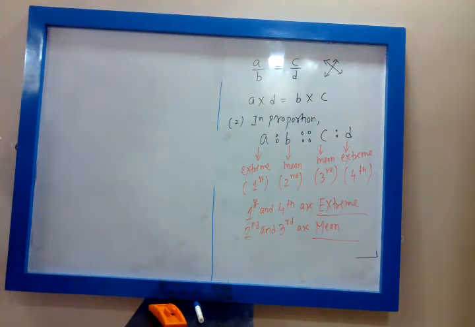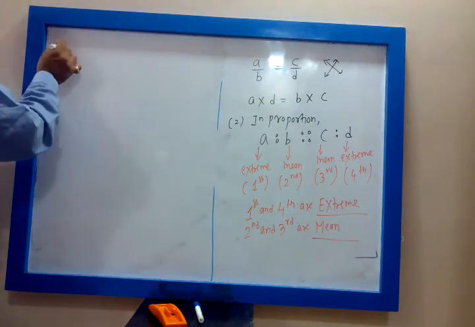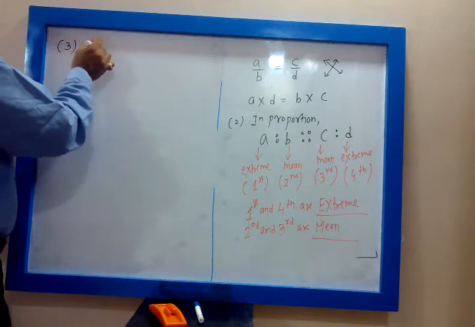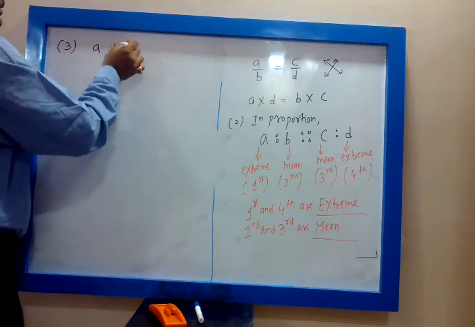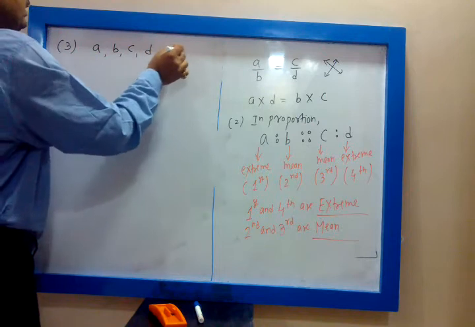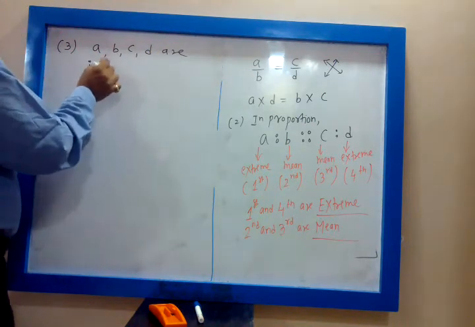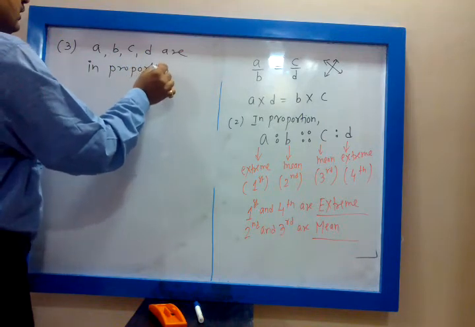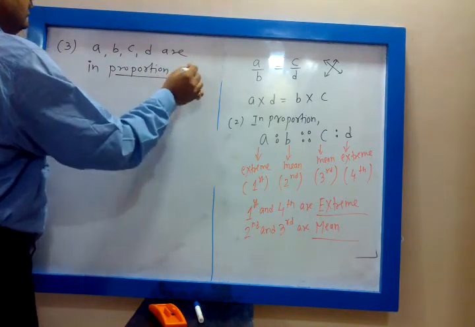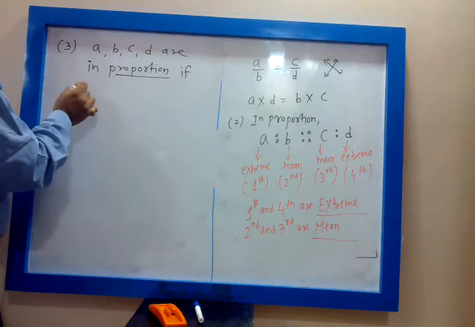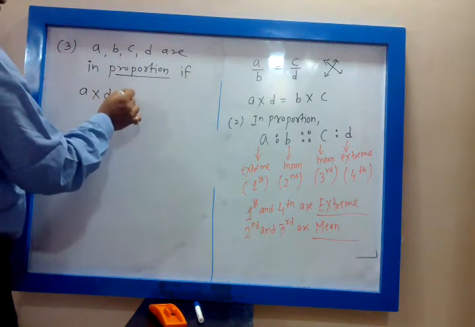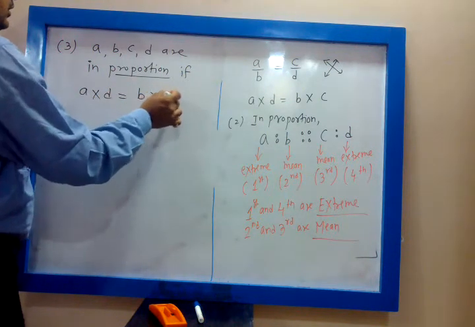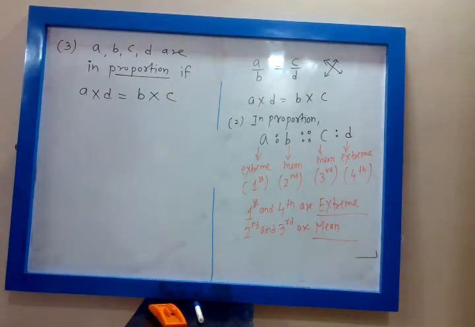Okay. Now third point: if A, B, C, D are in proportion, we have seen A into D is equal to B into C. What do you mean by multiplication here?